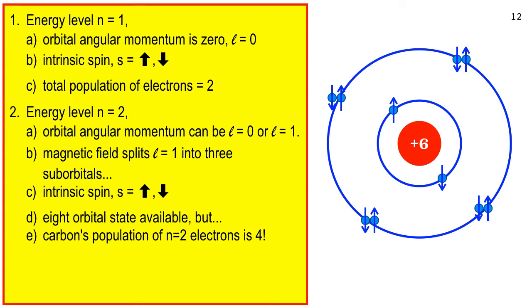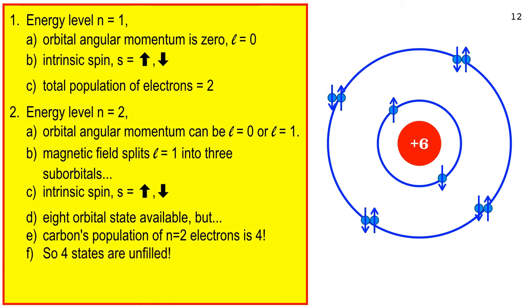Carbon would like to have that entire n equals 2 level filled with another 8 electrons, but it's only got 4 up there. Because carbon is carbon 12, 6 protons, 6 electrons. So here are your 8 possible states, but we're going to erase a couple of them.